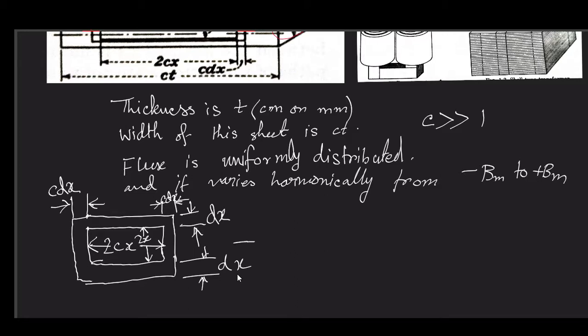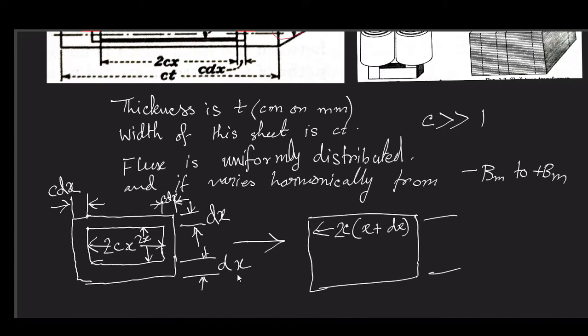So we have the outer rectangle, the bigger one, with this side being c of 2x plus dx, and this side being 2 of x plus dx, right?